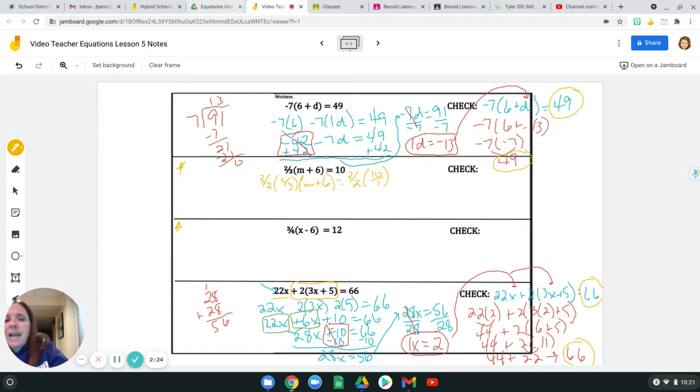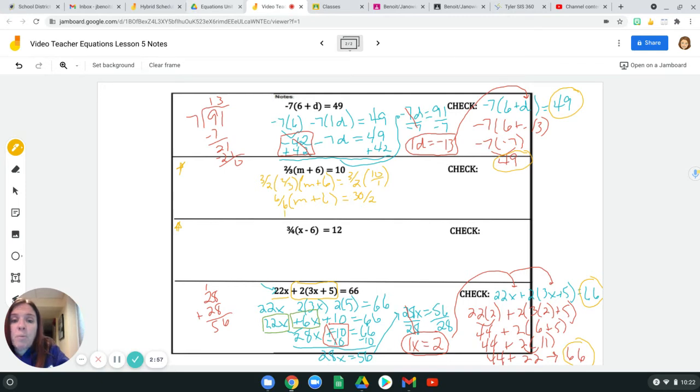Now, what we're going to see happen here, 3/2 times 2/3. 3 times 2 is 6. 2 times 3 is 6. So we have 6/6 times m plus 6. And on the right side, 3 times 10 is 30. 2 times 1 is 2. Now we have to simplify. 6/6 can be simplified to 1.